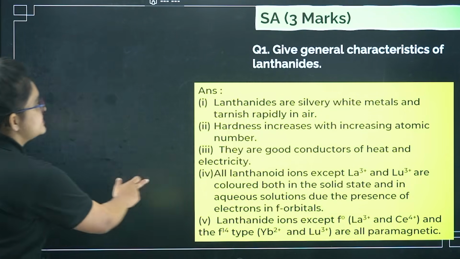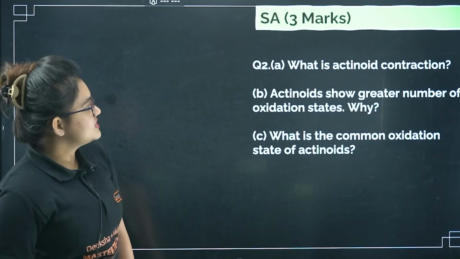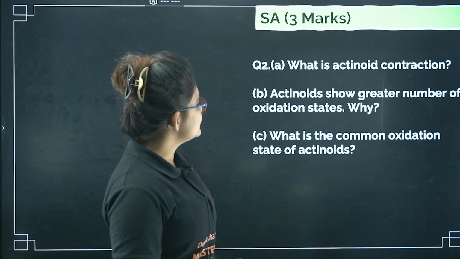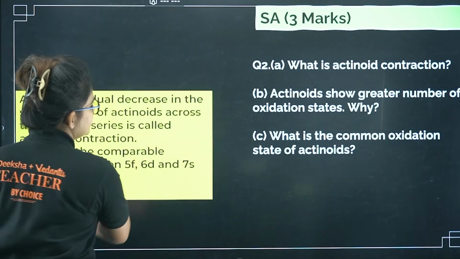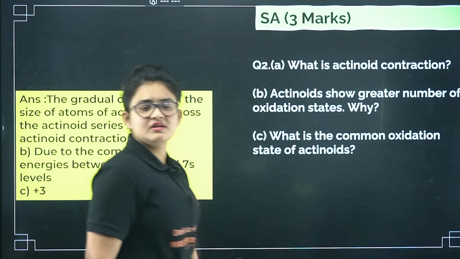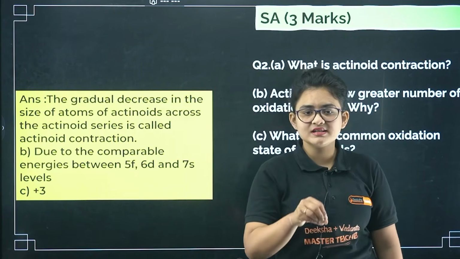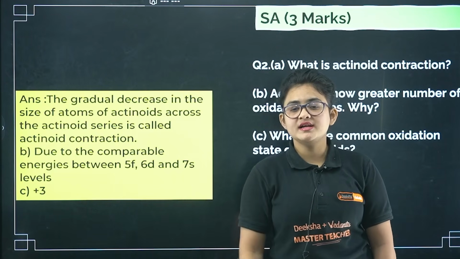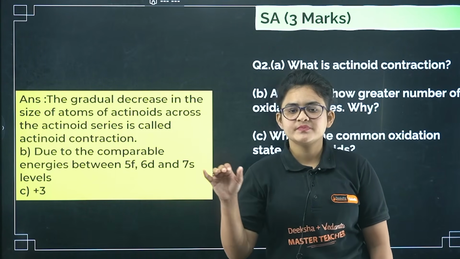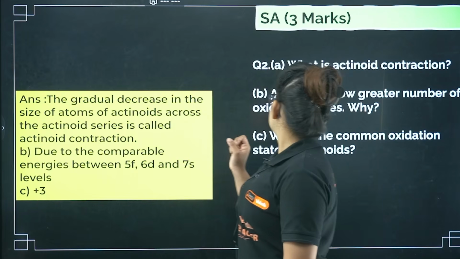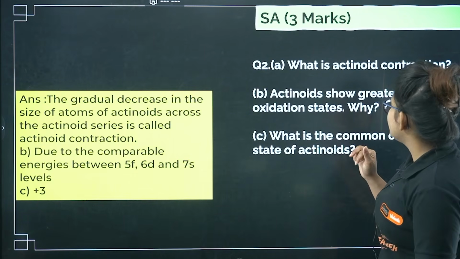Clear? Proceed further. What is actinoid contraction? Actinoids show a greater number of oxidation states, and why? One by one, let's discuss. First, actinoid contraction is the same as lanthanide contraction: a gradual decrease in the size of the atoms of actinoids across the series. Next, actinoids show a greater number of oxidation states.